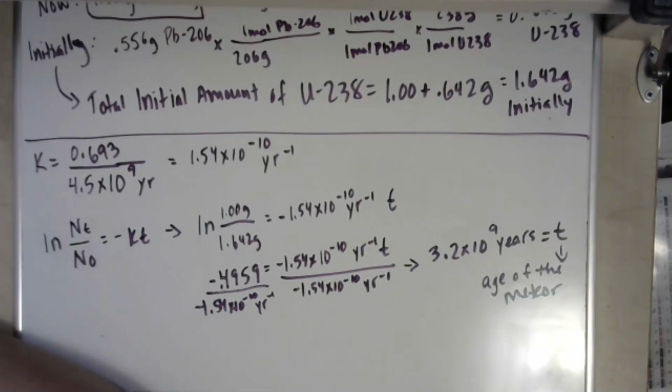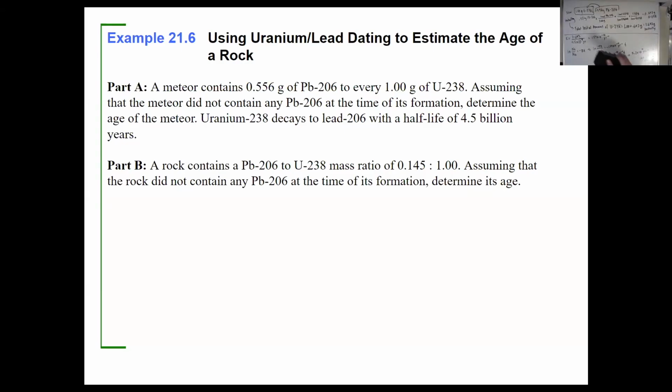All right, let's look at the second part of that question, which is going to be very similar. We're going to use the same k value for this one because we're still looking at that Pb-206 to U-238 ratio.